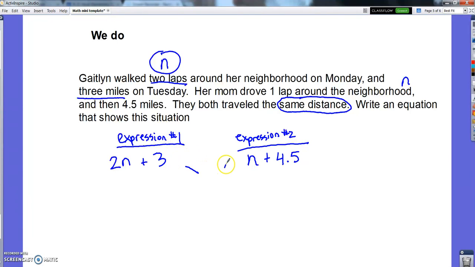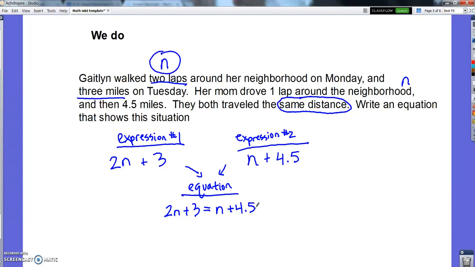So these two expressions, if we want to put them together, are going to make an equation. And we know they're the same distance, right? So we can say that they're equal. I can say whatever 2 laps around the neighborhood plus 3 miles is, however far that is, it's the same distance as 1 lap around the neighborhood plus 4.5 miles.